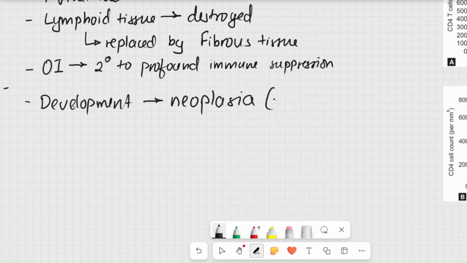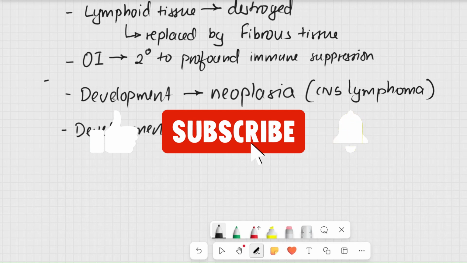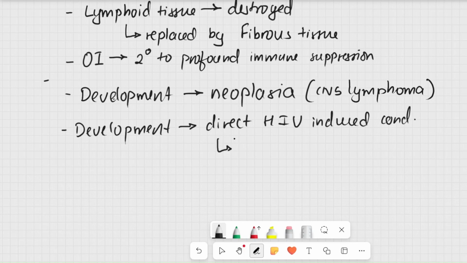Examples of neoplastic conditions that you can remember are CNS lymphoma and Kaposi's sarcoma. And the next thing you can note over here is that there would be development of direct HIV induced conditions or manifestations, and the example of this that you can remember is HIV encephalopathy. HIV encephalopathy.